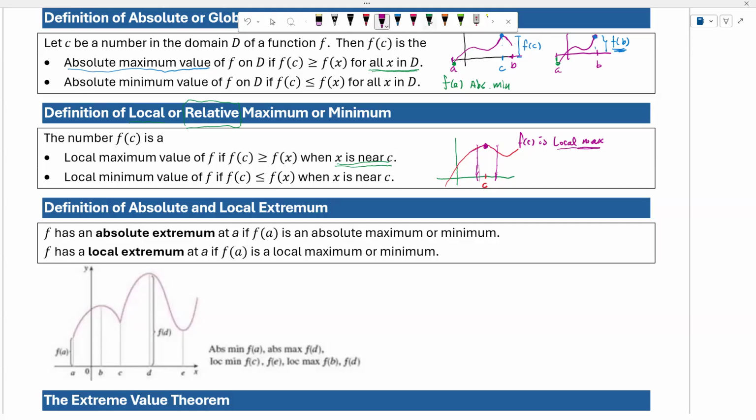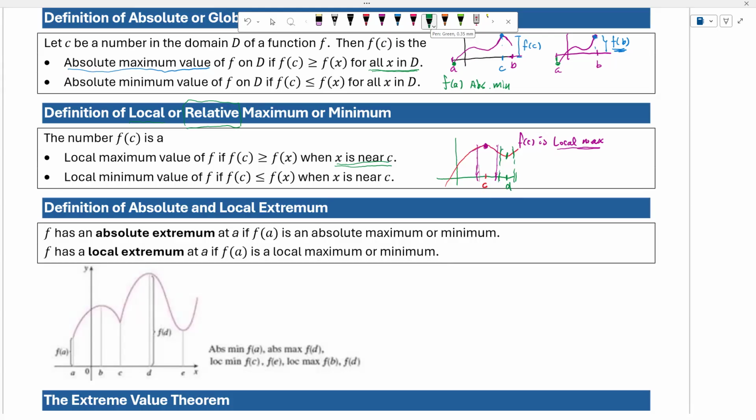Okay. So in this case, maybe we could consider this point D, within this portion, this area of the function, D to the left and to the right of D, okay.